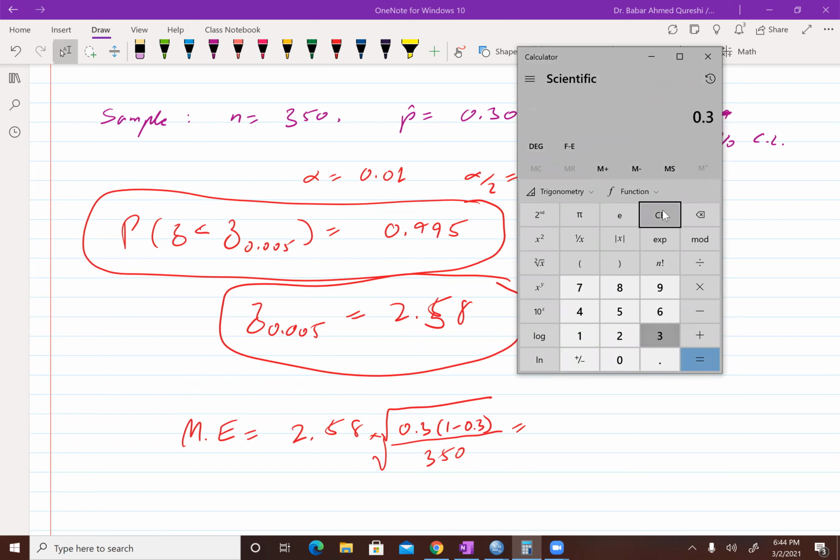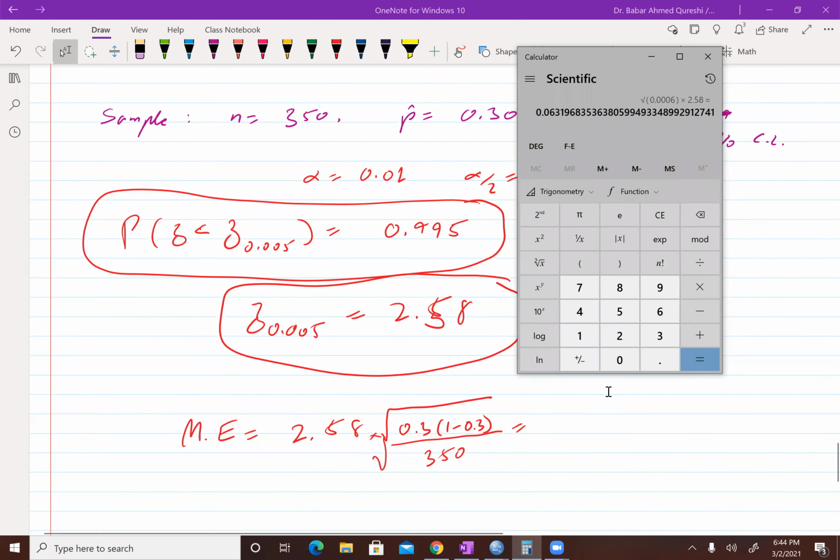So 0.3 times 0.7 divided by 350, square root of this, and multiplying it with 2.58.